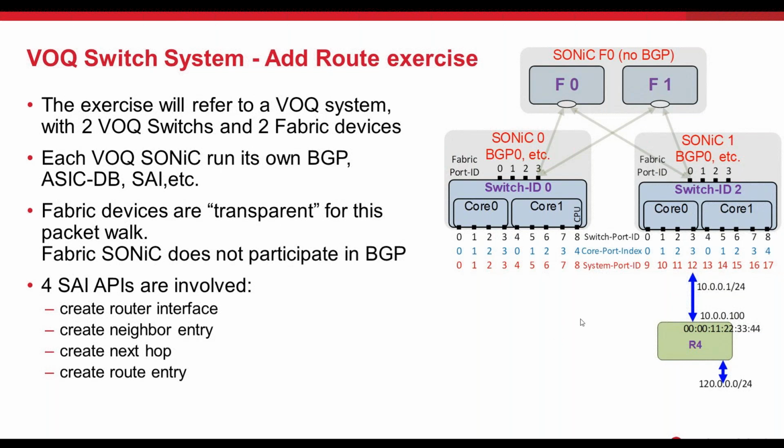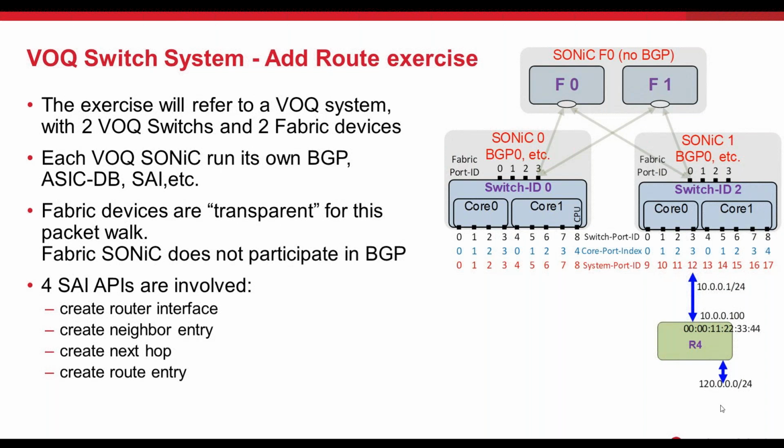Okay, so you can see here the system ports numbering starting from 0 to 8 on switch 0 and 9 to 17 on switch number 2. You have the local port numbering, the core port index. And in this exercise, system port number 12 is connected to router call. This is another router in the network.